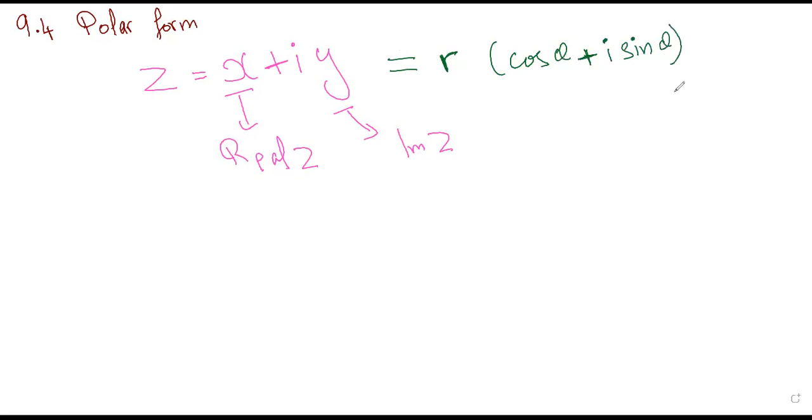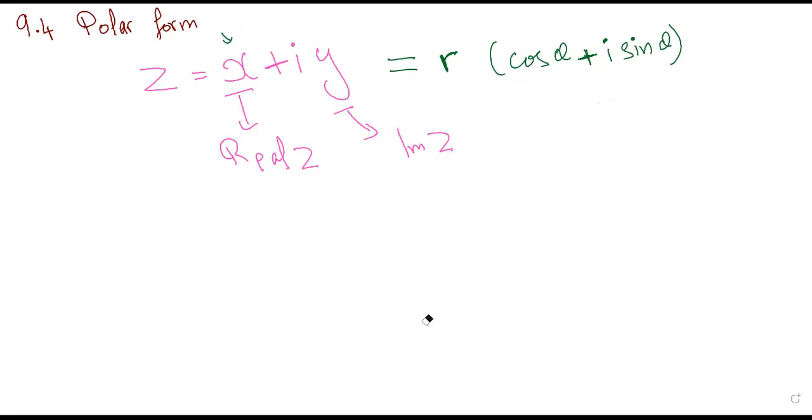So this is the polar form of the complex numbers. Now the questions could be of this type. Convert, like they would give you the complex number in this form and they would want you to convert this to the polar form, right?